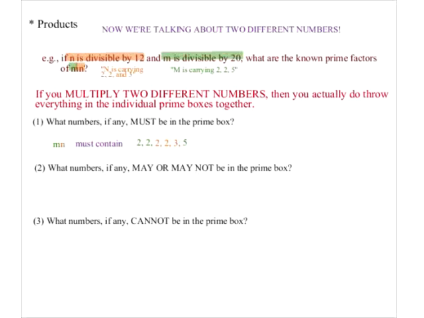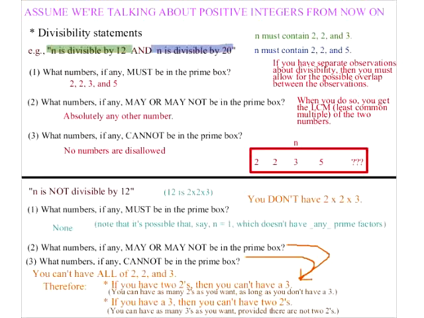Again, the analogy of the eyewitnesses is probably the best way to think about it. Because this is saying the same suspect was carrying these items. n must contain 2, 2, and 3 in this example meant the suspect was carrying a 2 and a 3.